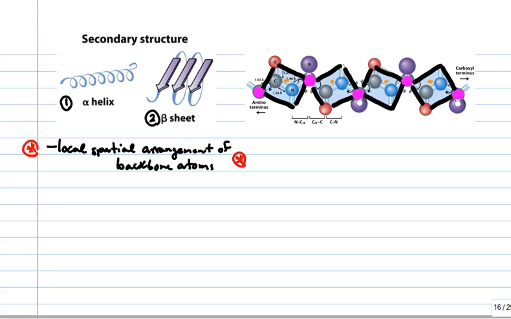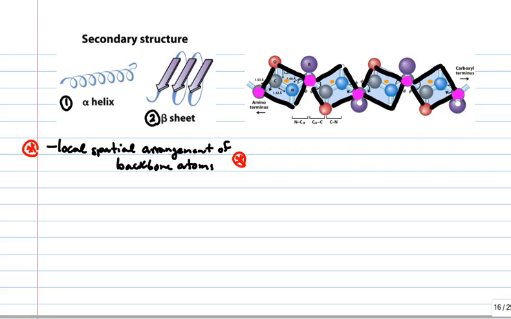Okay? And to demonstrate these to you, I'm going to draw something that demonstrates the spatial arrangement of just the alpha carbons. We're not going to worry about anything else. We're just going to talk about the alpha carbons, to hopefully explain this a little bit better.